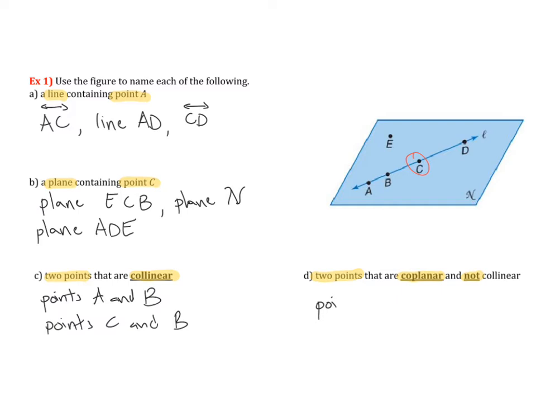So we got points E and C. You could also say points, I'll abbreviate, points A and E. Okay, there are several options here. You just need to make sure that you use point E.